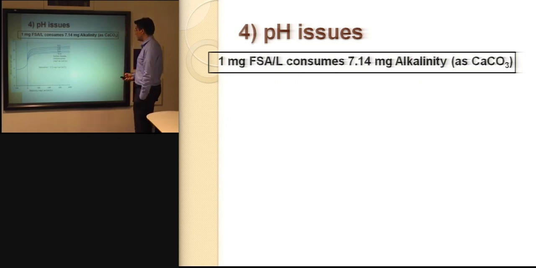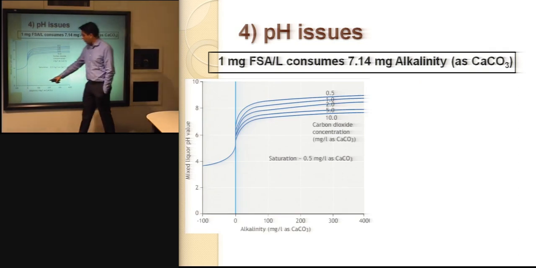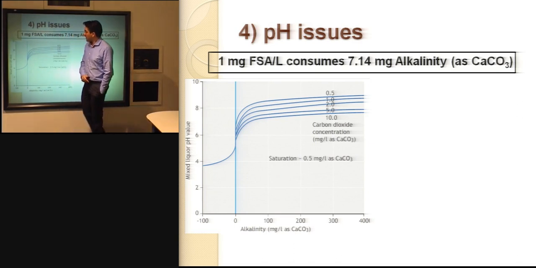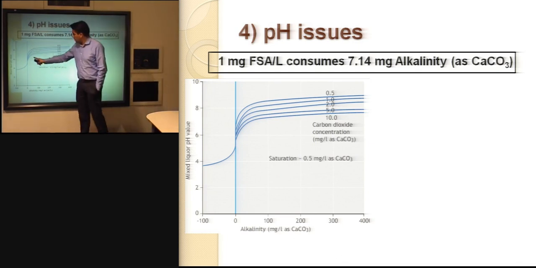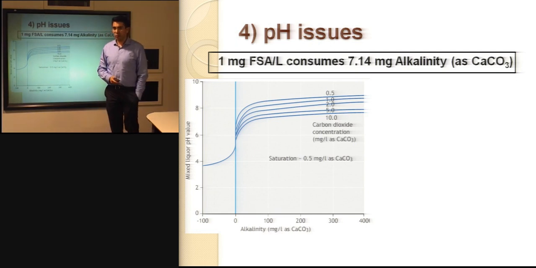If the alkalinity drops below 100 or 50 milligrams per liter, the pH in the mixed liquor will very likely drop below 7 or approach 6 in that system. And what are the implications?